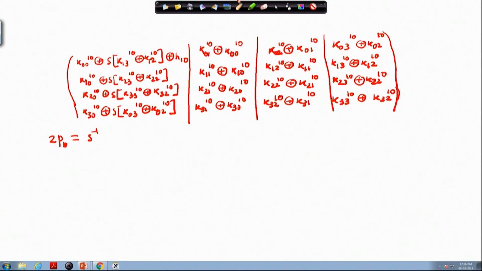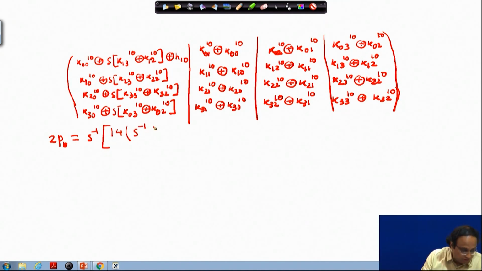So therefore, you will basically get this, that is S inverse of, remember, 14 multiplied with S inverse of K00 10, because this is the final round key, XORed with C00, XORed with the 9th round key.